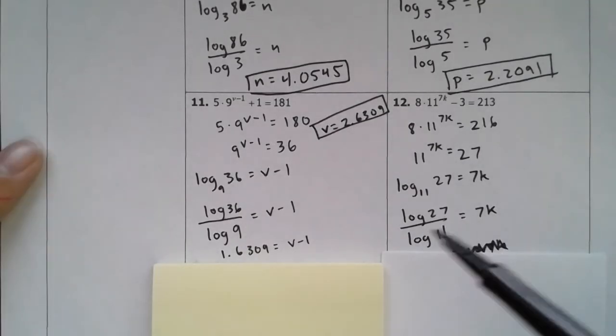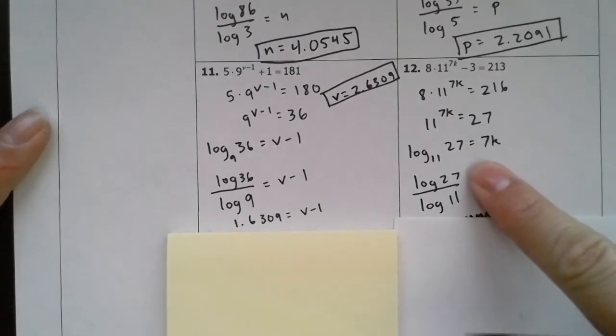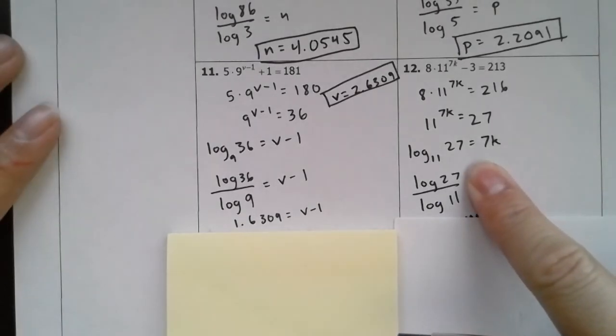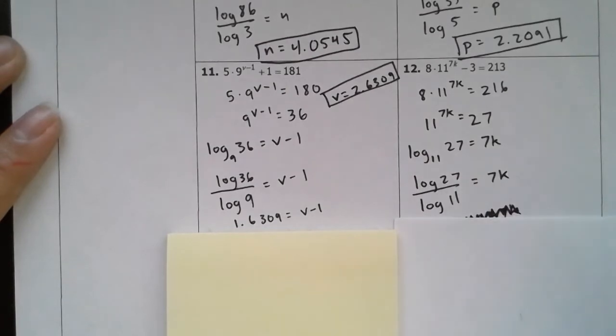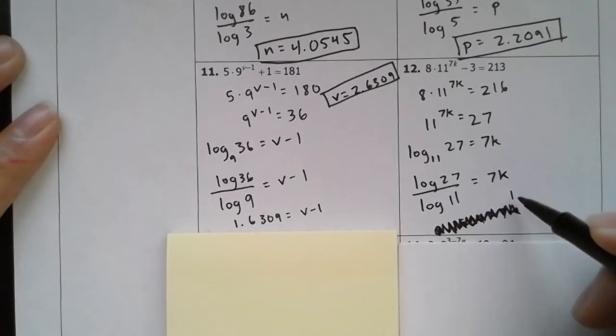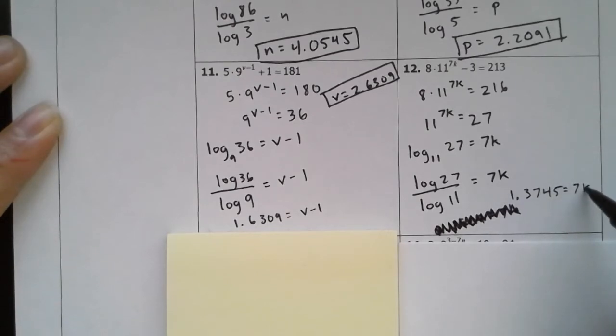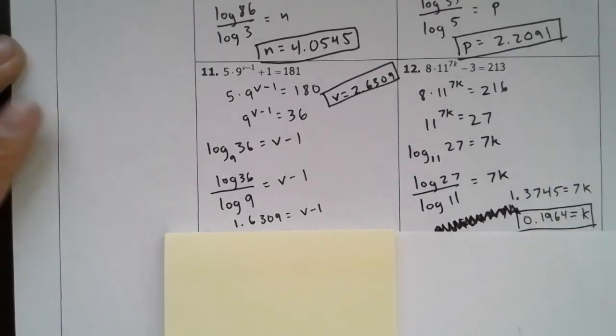Log of 27 over log of 11 is equal to 7k. Sorry, just the left side, and then in your calculators you're gonna get 1.3745. That's equal to 7k, and then divide by 7. You're gonna get k is equal to 0.1964, and you'll be done.